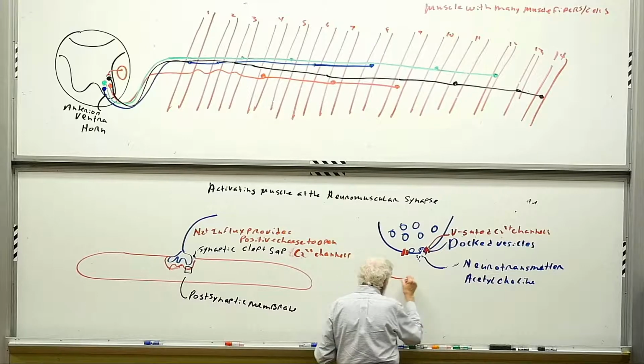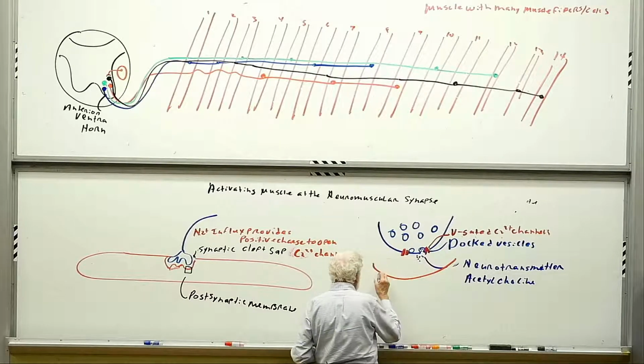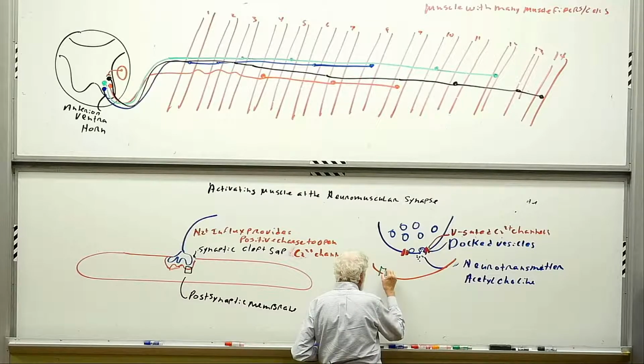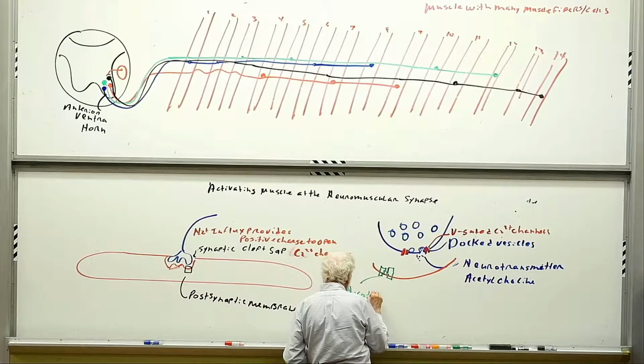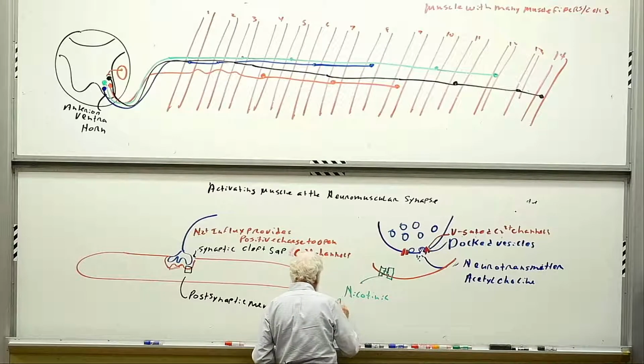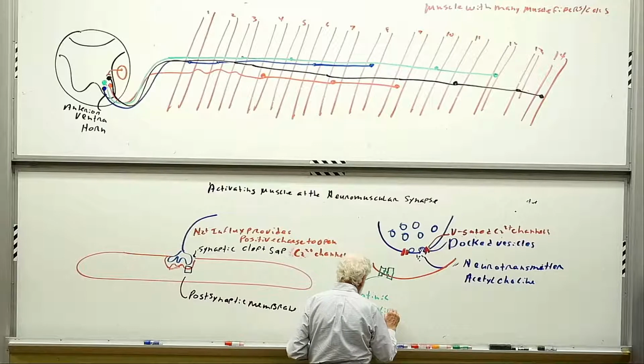On the postsynaptic membrane now, stacked in really, really closely, will be these nicotinic acetylcholine receptors.